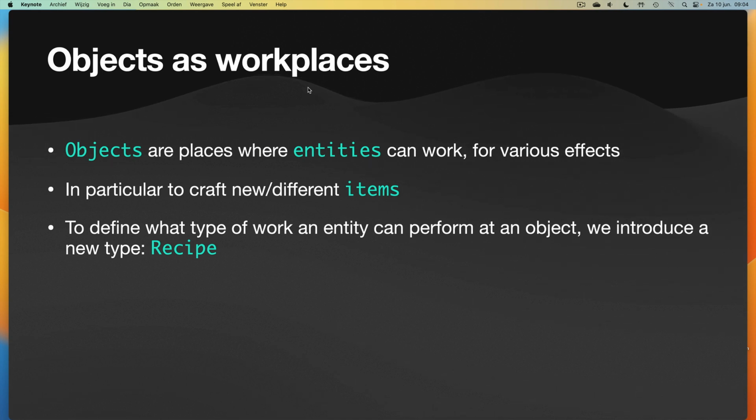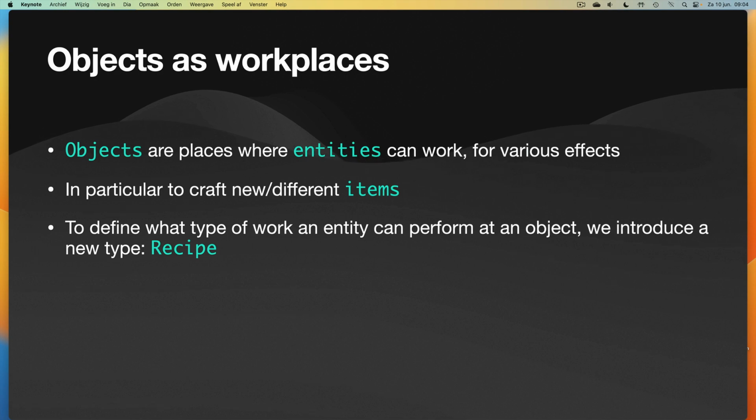In particular, we expect these workplaces to be places where entities can craft new or different types of items. So for instance, to get more advanced items, you might need a certain workplace to transform more basic items into more advanced items.